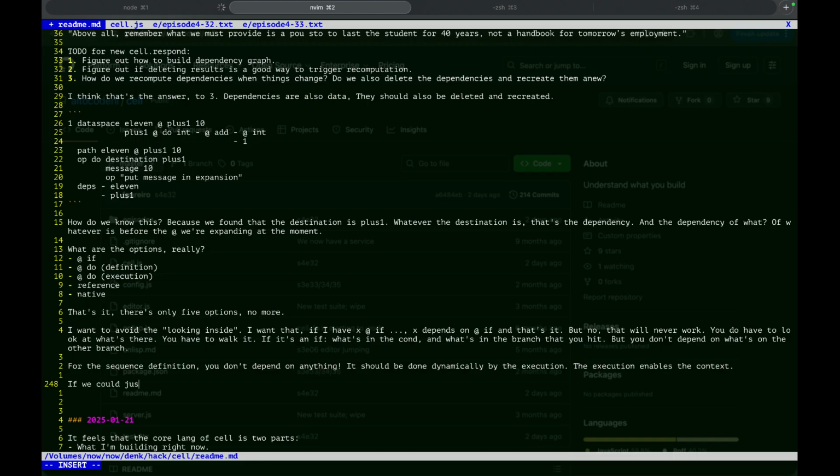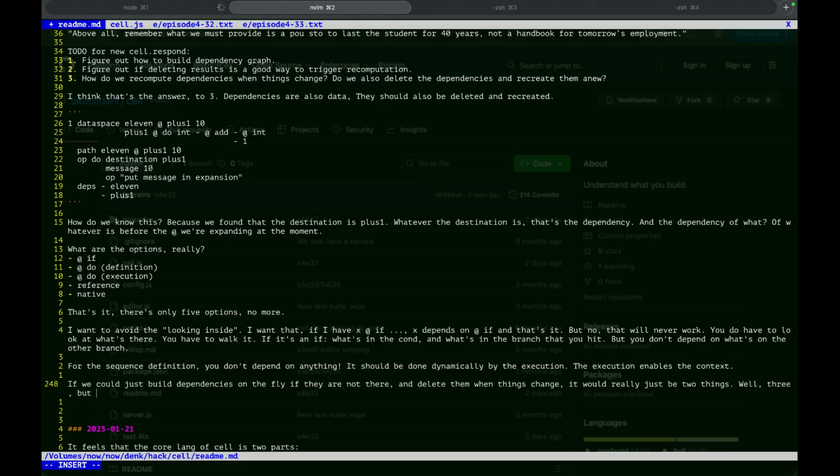If we could just build dependencies on the fly, if they are not there, and delete them when things change, it would really just be 2 things. Well, 3, but 2 and 3 are about calculating results and dependencies.